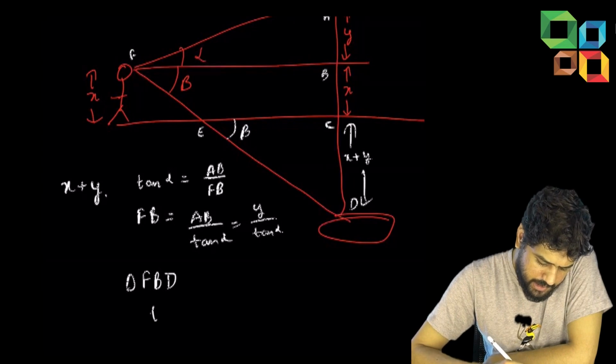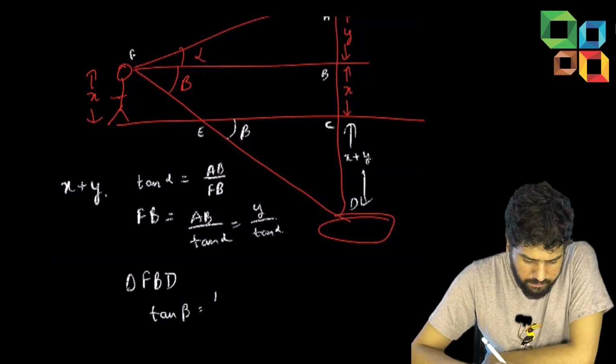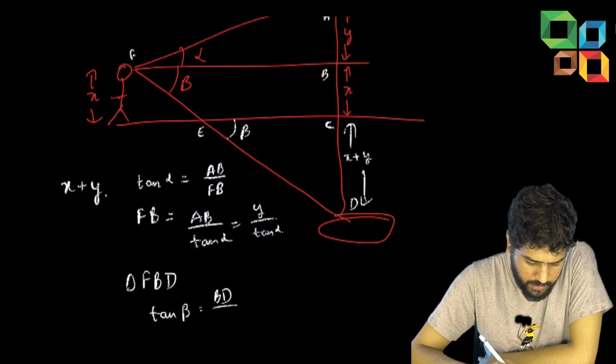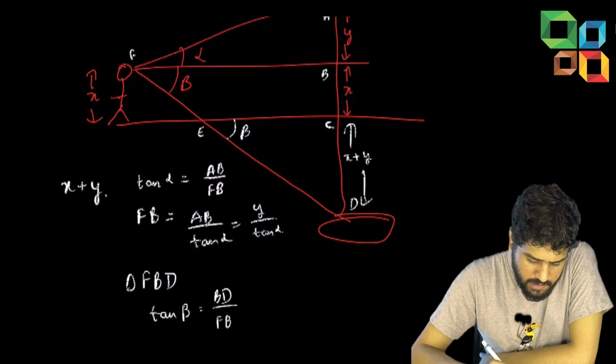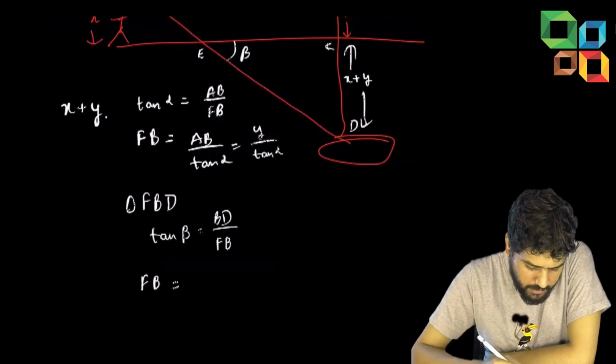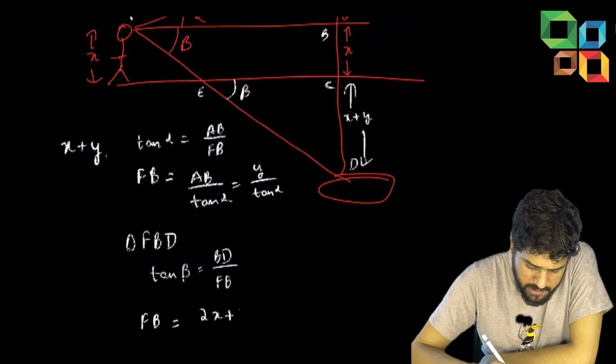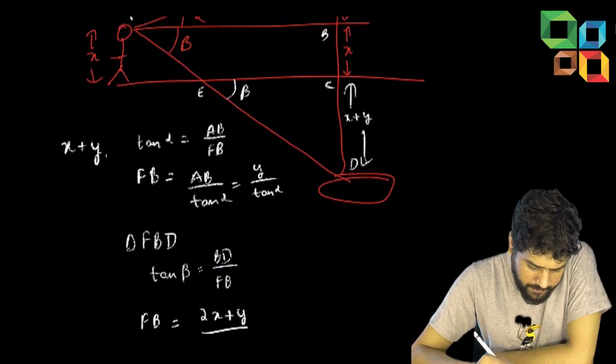We get tan beta equal to BD upon FB, so FB becomes BD, which is x plus y, which is 2x plus y, divided by tan beta.